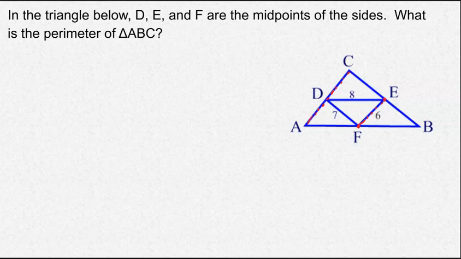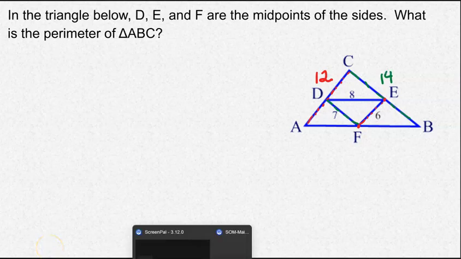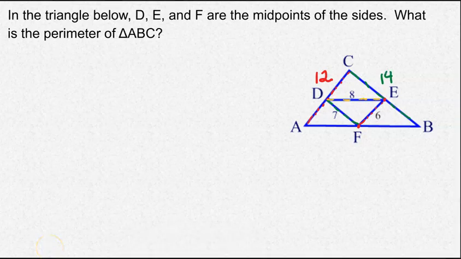So EF is half of AC, which is 12. DF is half of CB, so that's 14. Then DE is half of AB, which is 16.